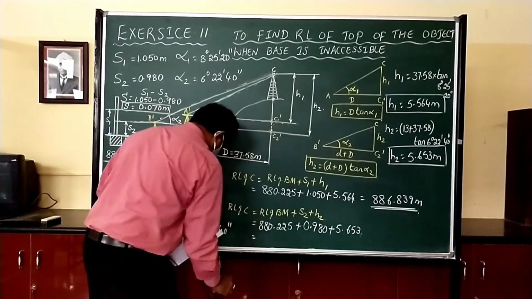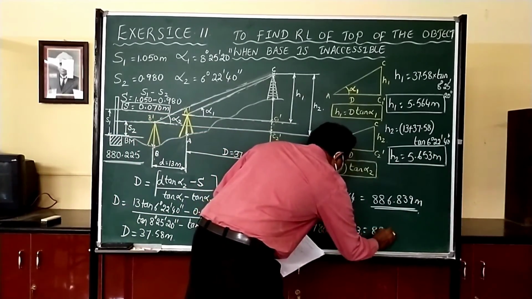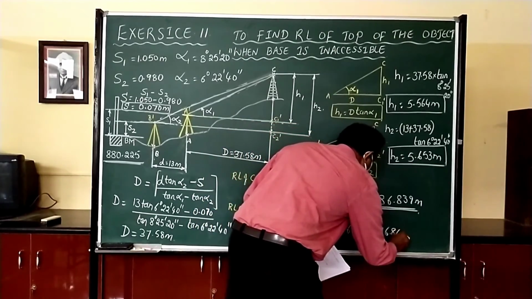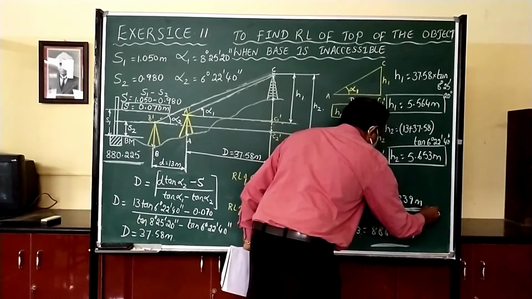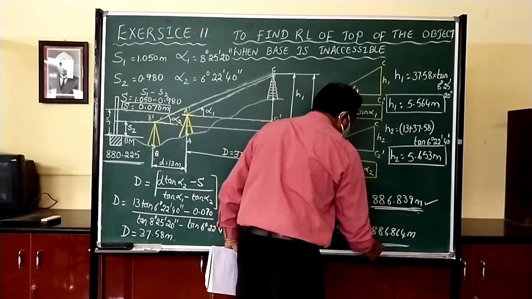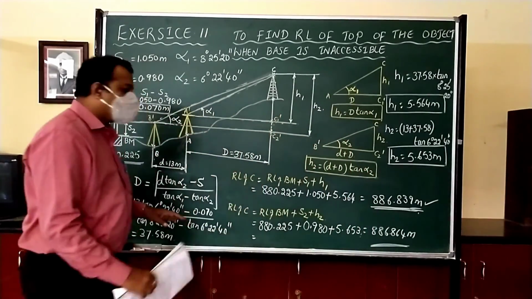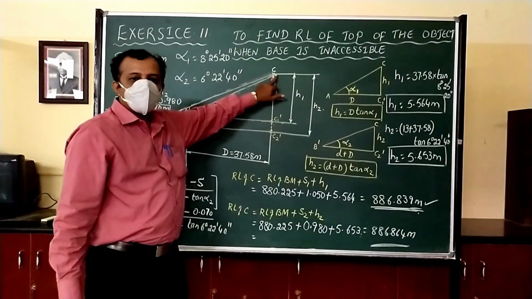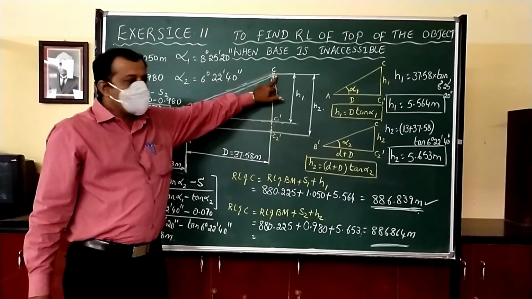Now, RL of C is equal to 886.858 meter. So if you observe, RL of C is 886.839 and 886.858, these are the readings we got from A and B. This is how we are going to find the RL of the inaccessible point.